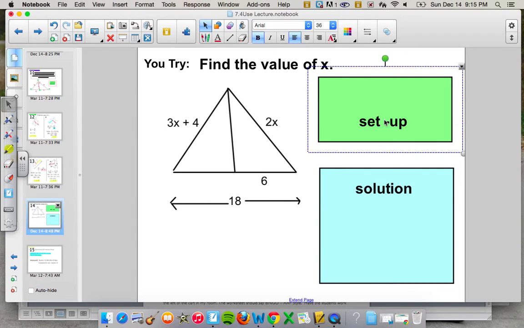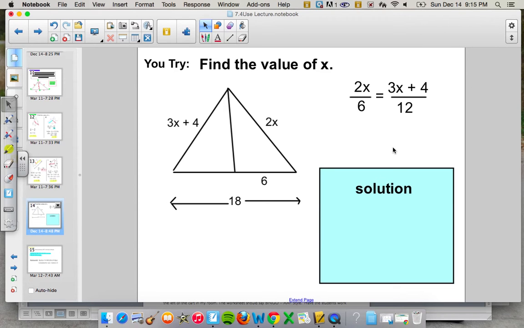Okay, so after everybody has had time to set this problem out, this is what one of your proportions would look like. Once again, this angle bisector doesn't matter, so we can cross it out. We need to figure out what this length is right here, and in order to figure out what that length is, we're going to have to take 18 minus 6, which is 12. So we're going to use that value of 12.